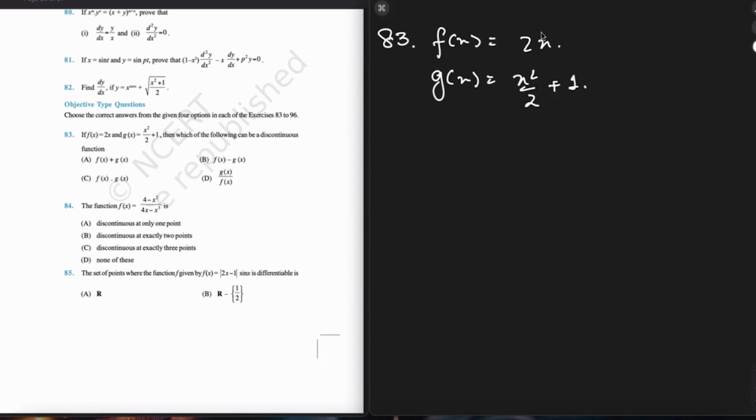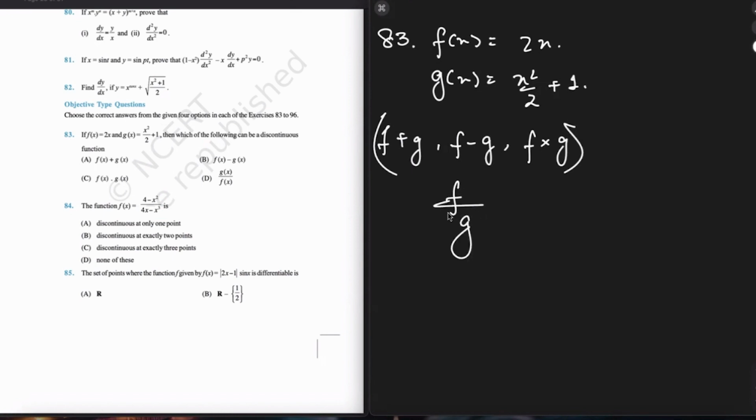Since these are all polynomial functions, f plus g, f minus g, f into g will also be polynomial functions. These will all be continuous. So the only way it can be discontinuous is f upon g or g upon f, as given. So g upon f, how can it be discontinuous?